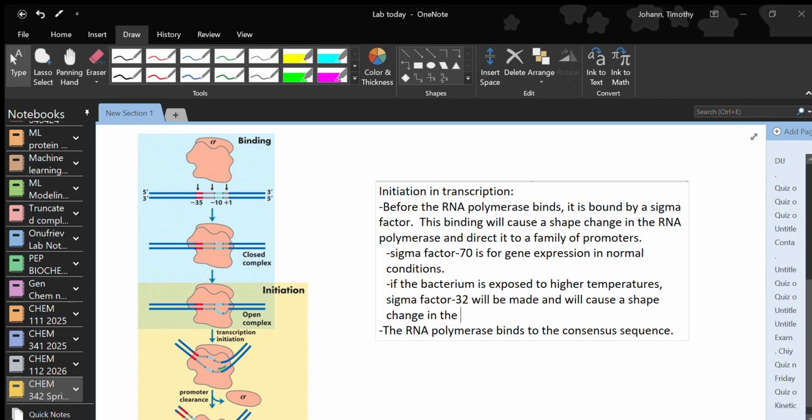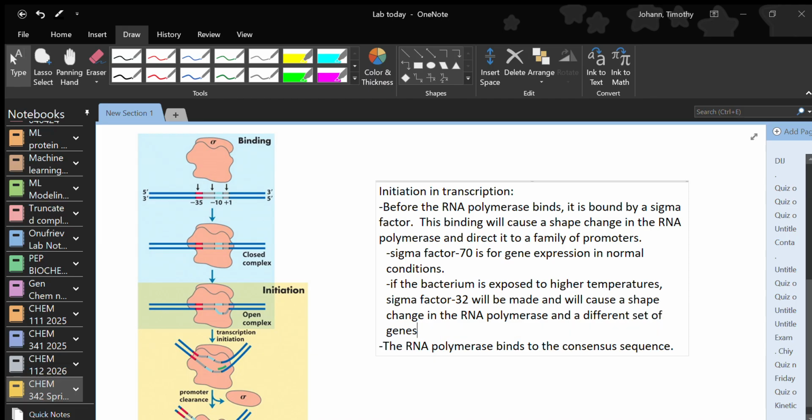The shape change is in the RNA polymerase, so it recognizes a different sequence. Okay, does that make sense? And that doesn't mean that all of sigma factor 70 goes away and it's replaced by 32, but you start expressing some 32 and you get some more of these genes.